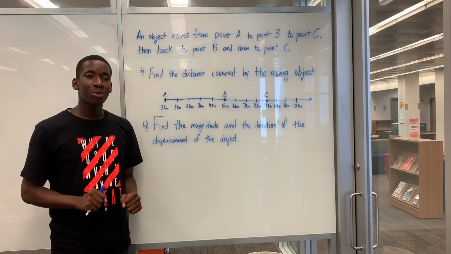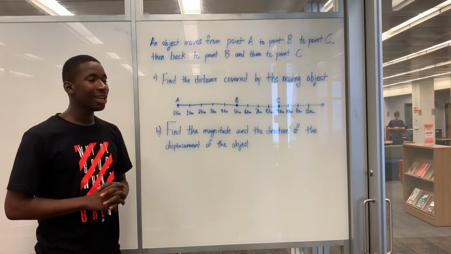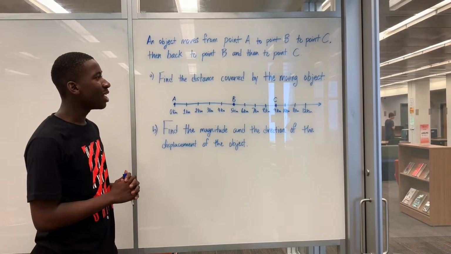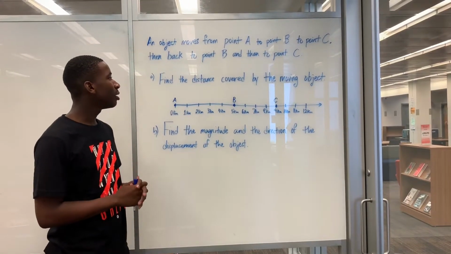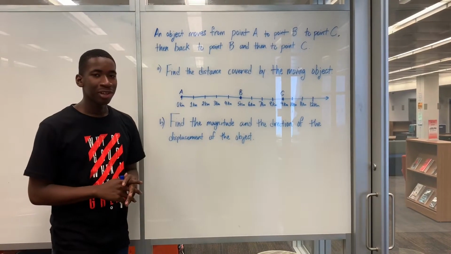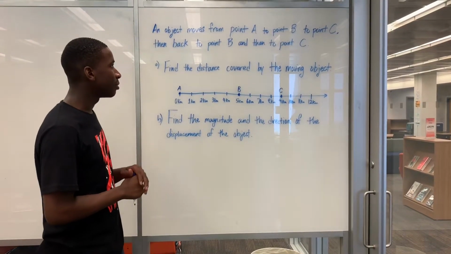Let's try model problem number 1. An object moves from point A to point B to point C, then back to point B and then to point C. Part A. Find the distance covered by the moving object. So let's go back to the question.